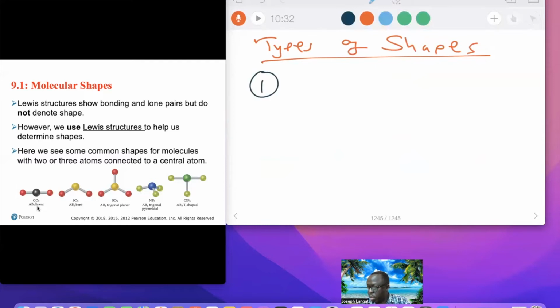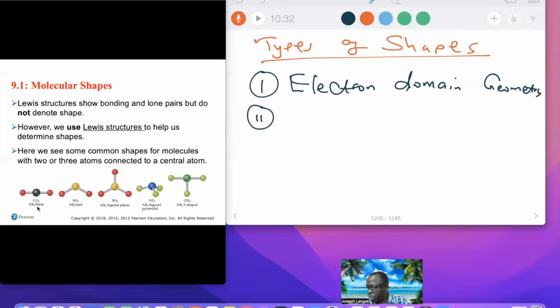One, electron domain geometry, which we abbreviate as EDG.